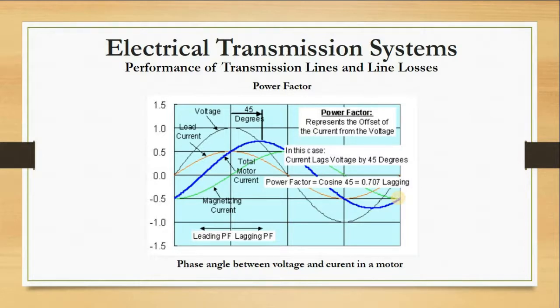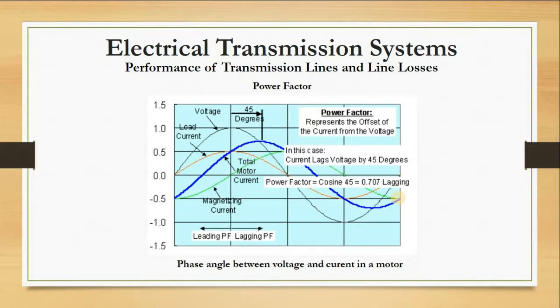If it's a generator, as the armature windings cut through the magnetic field, power is generated. But in the motor, it's the other way around. You send current in, first of all you excite the poles, you send current to the armature, and then it also sets up its own magnetic field.